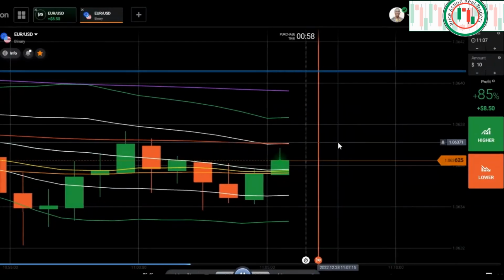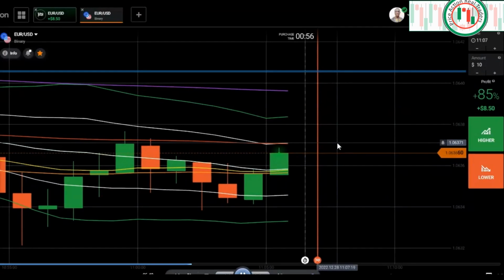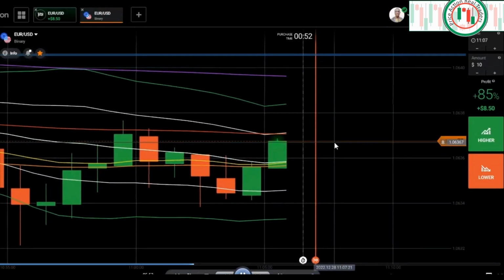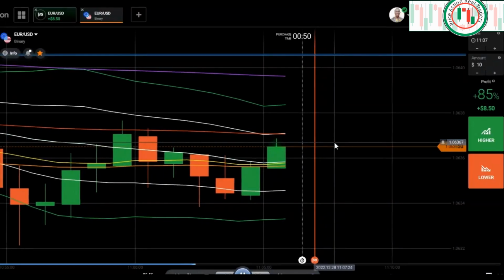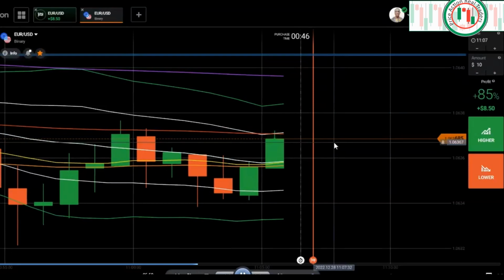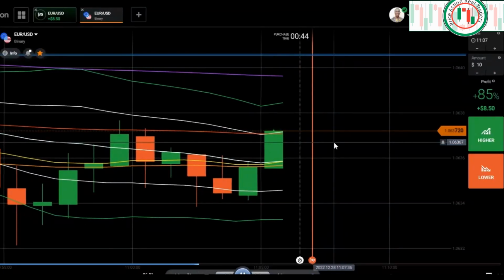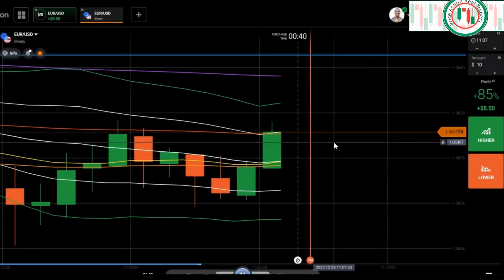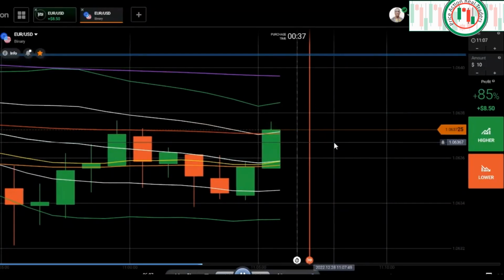Because of the bias entry, I will not place my trade put option, even though we are in engulfing zone and consolidation area. But you see, the bias entry is very strong, so I'll wait maybe for the breakout of engulfing zone and consolidation area breakout.